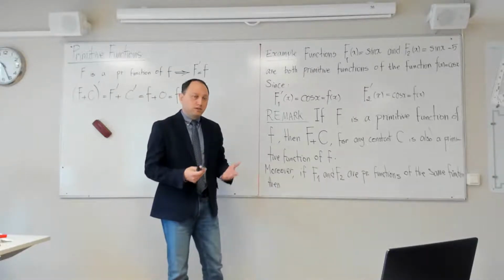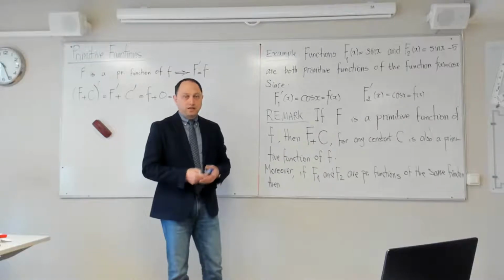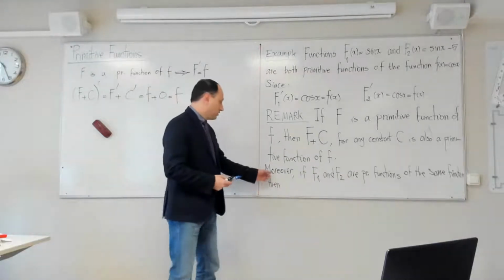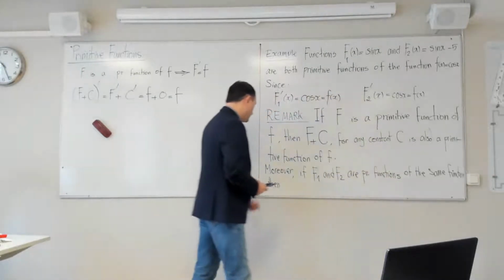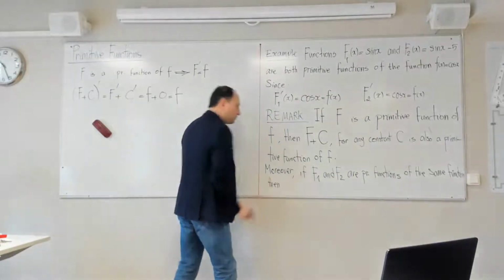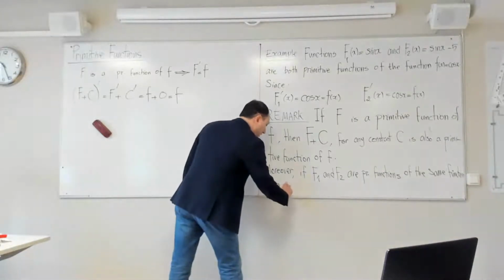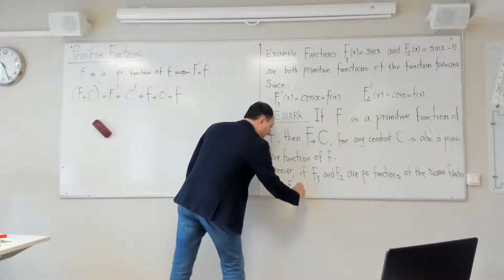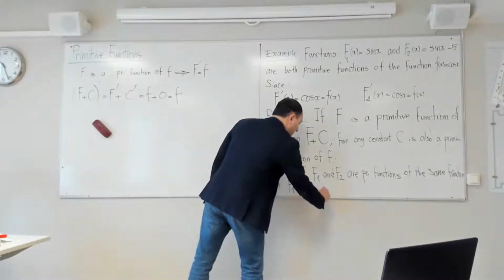At most, they can differ by an additive constant. So that's a huge claim, actually. So moreover, if f1 and f2 are primitive functions of the same function, then the difference between them is a constant. Okay? So then f1 minus f2, or the other way around, is a constant.